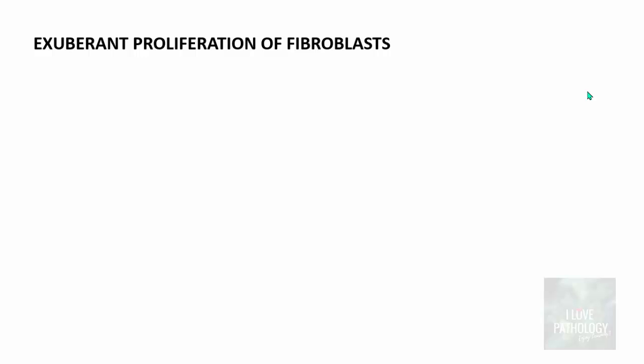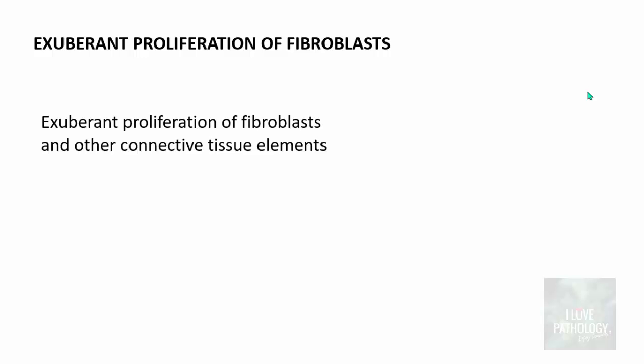The next important one is exuberant proliferation of fibroblasts. Okay, we know what cells proliferate: the epithelial cells, the vascular endothelial cells and fibroblasts. We talked about exuberant granulation, which was basically because of excessive proliferation of vascular endothelial cells and formation of more and more granulation tissue. Here there is proliferation of fibroblasts. There is exuberant proliferation of fibroblasts and other connective tissue elements, which are referred to as desmoids.